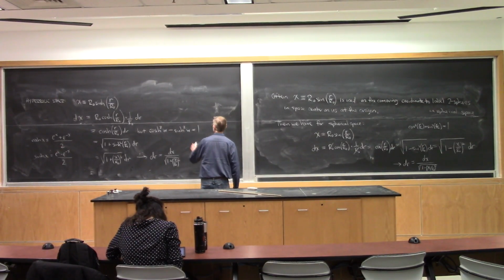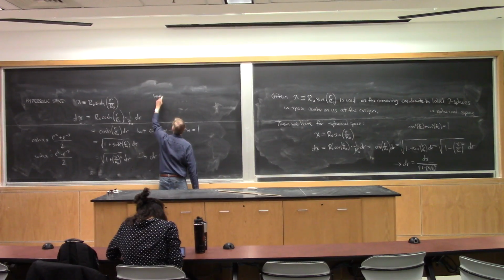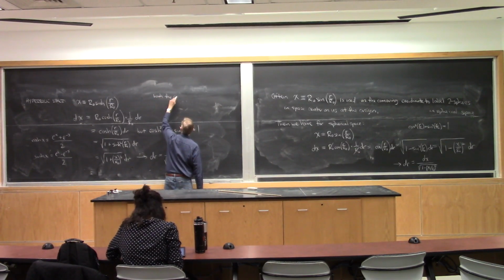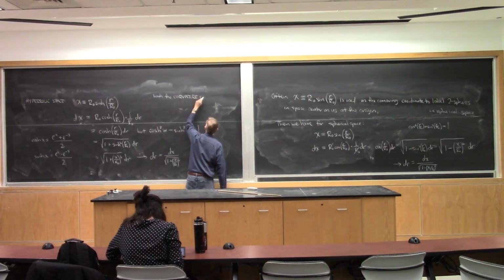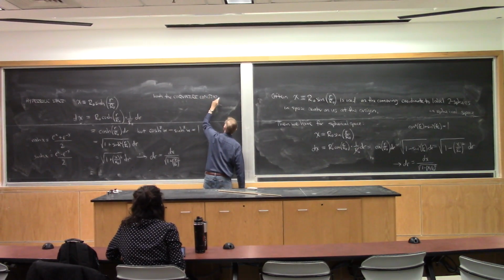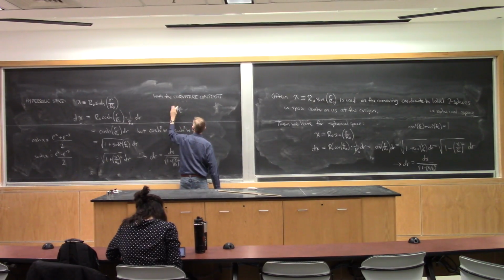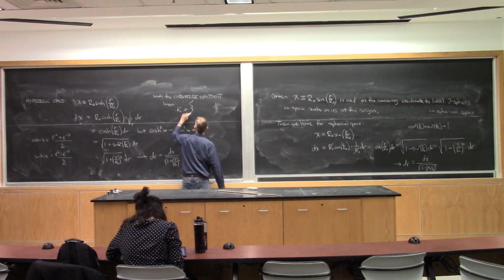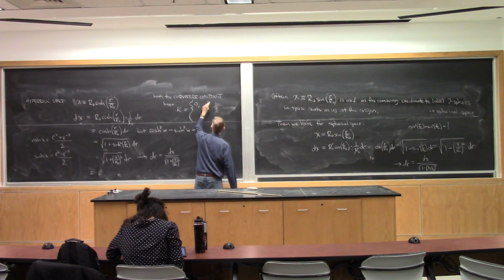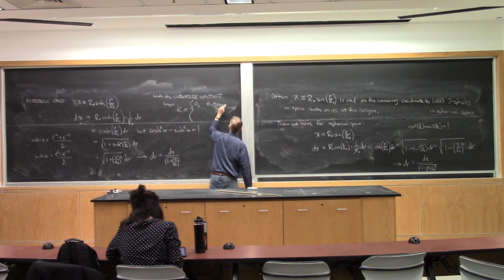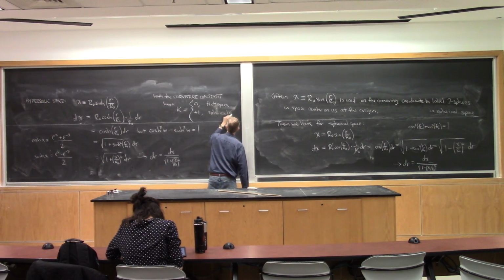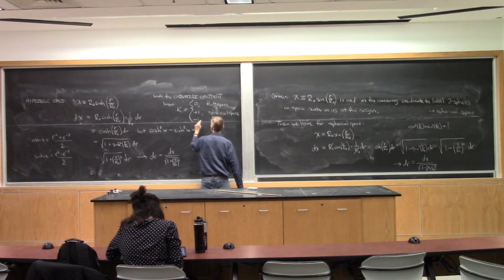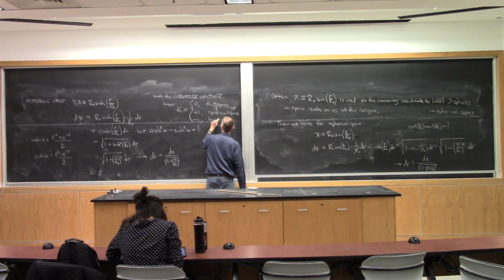So notice that if we say with the curvature constant, kappa, this is a kappa, not a k, kappa equals 0 for flat space, plus 1 for spherical space, and minus 1 for hyperbolic space.